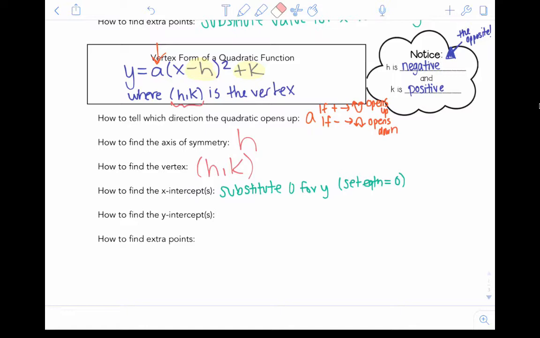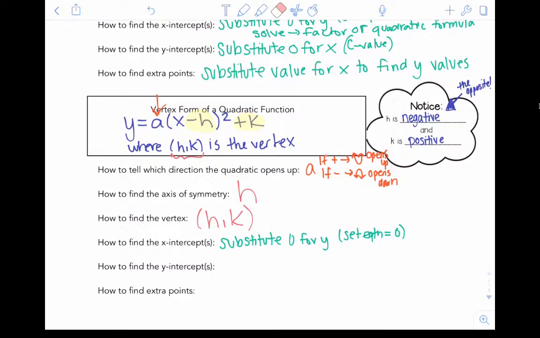How to find the y-intercepts? Same thing. You have to substitute 0 for x because it's still where x is equal to 0. And when you do that, you actually are going to have to do a little bit of work on this one. It's not just going to be the c value.